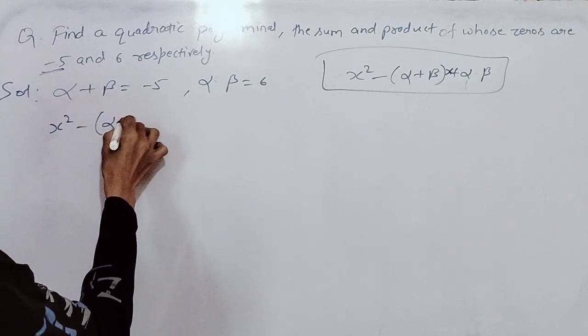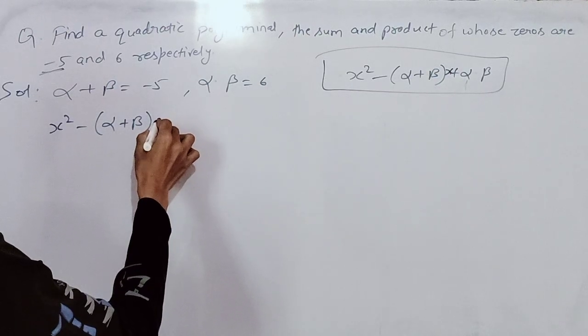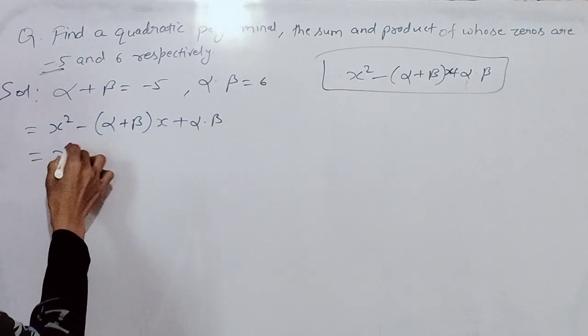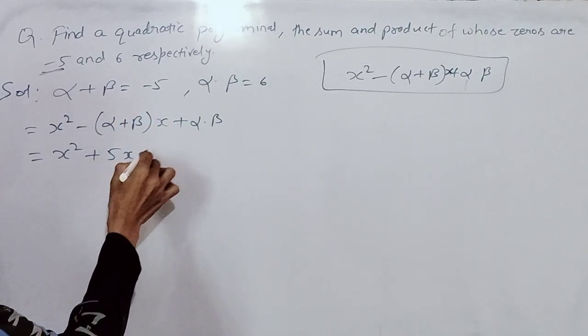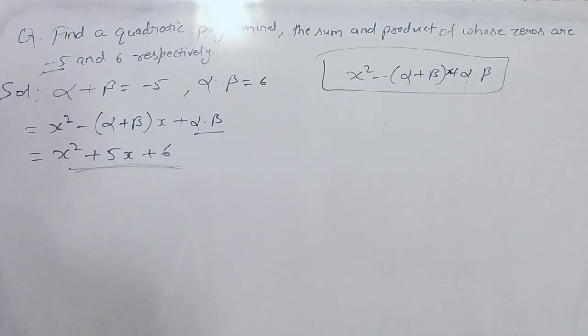Now you can see x square minus the sum times x plus the product. The sum is minus 5, so this becomes plus 5, and the product is 6. So finally this is the quadratic polynomial whose zeros have sum minus 5 and product 6.